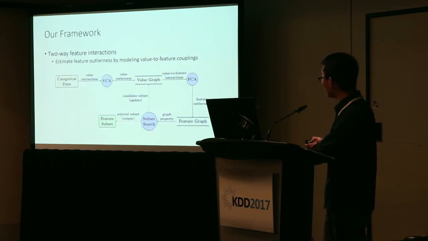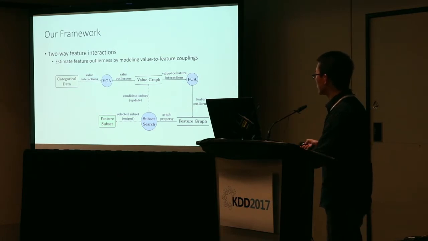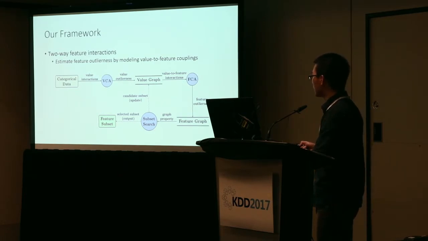Then we will have the framework here. We work from the value level up to the feature level. We use methods similar to the previous work, CDRW, for the value outlyingness analysis.